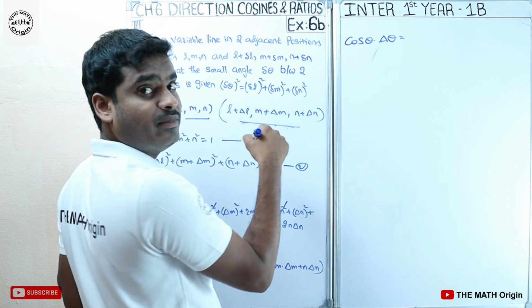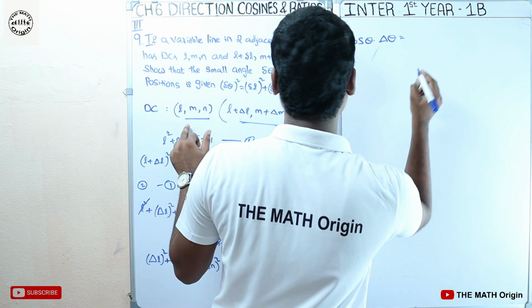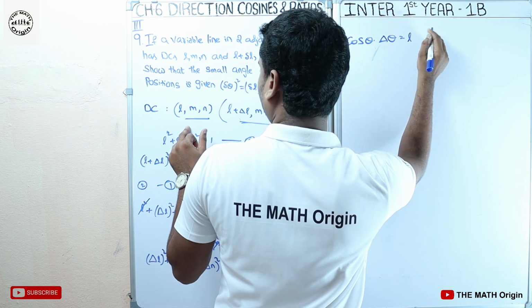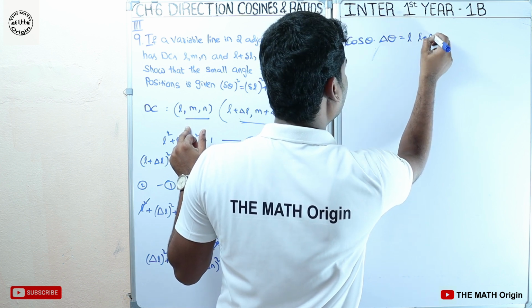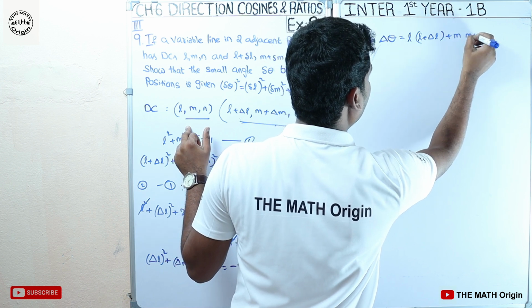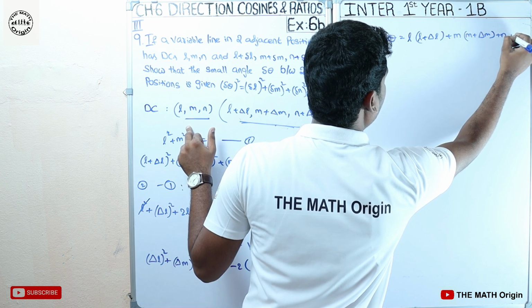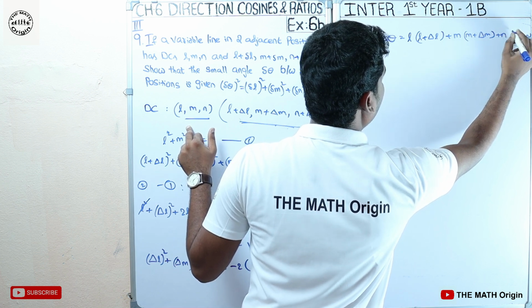So A1A2 plus B1B2 plus C1C2, like L1L2 plus M1M2 plus N1N2, is L into (L plus delta L) plus M into (M plus delta M) plus N into (N plus delta N).